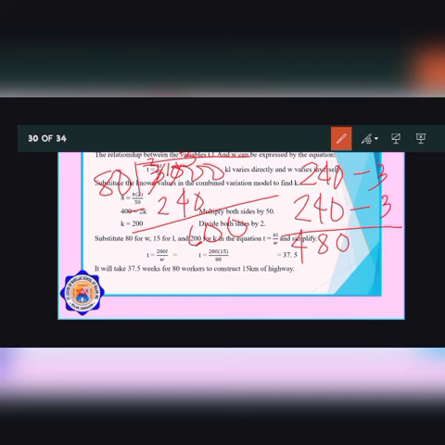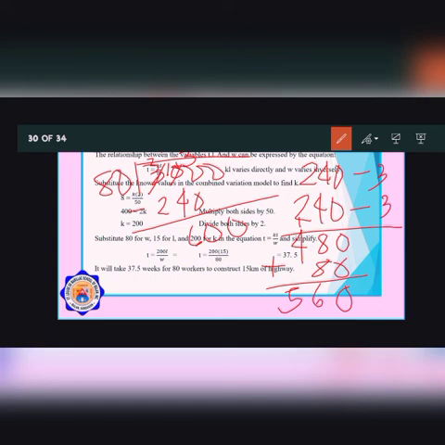So, plus 80 again. So, 80 plus 80. 0 plus 0 is equal to 0. 8 plus 8 is equal to 16, carry 1. 1 plus 4 is equal to 5. So, meron tayong 560. At ang natitira na lang para maging 600 is 40.